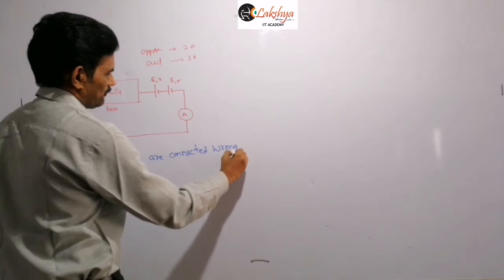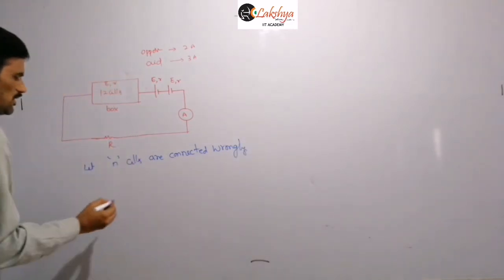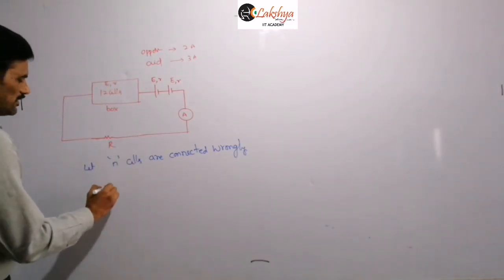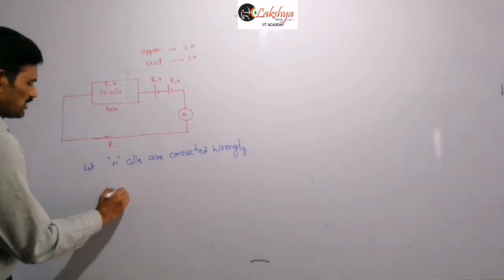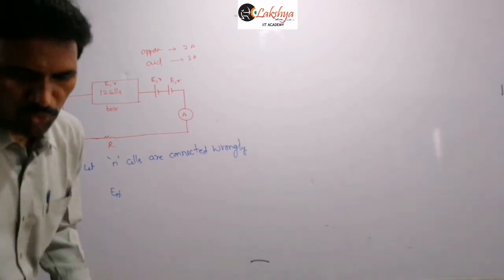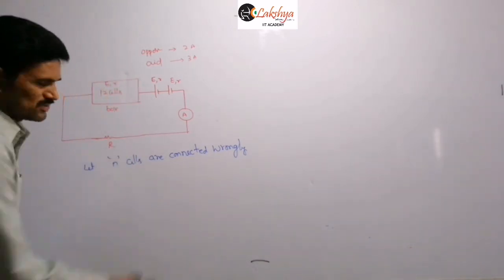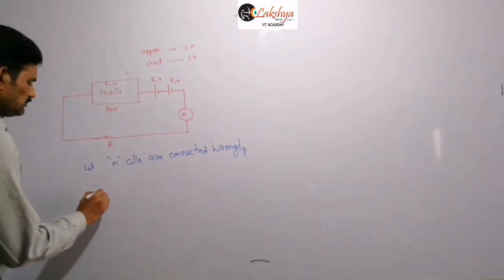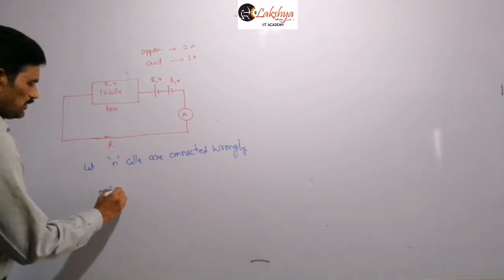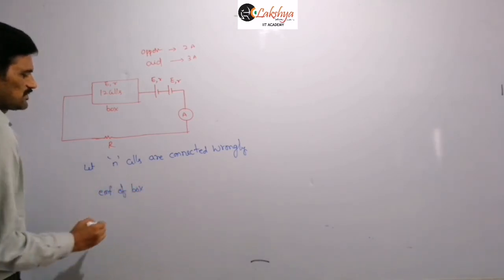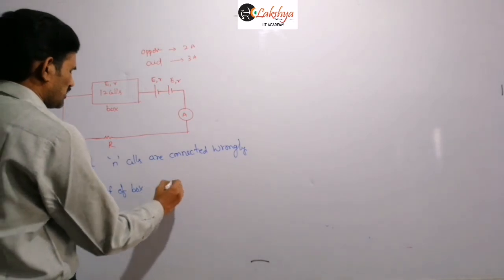are connected wrongly, right? And so when n cells are connected wrongly, then the effective EMF, we can write it for the box only. This is what we are writing for the box. EMF of box, suppose I am assuming this as E1.